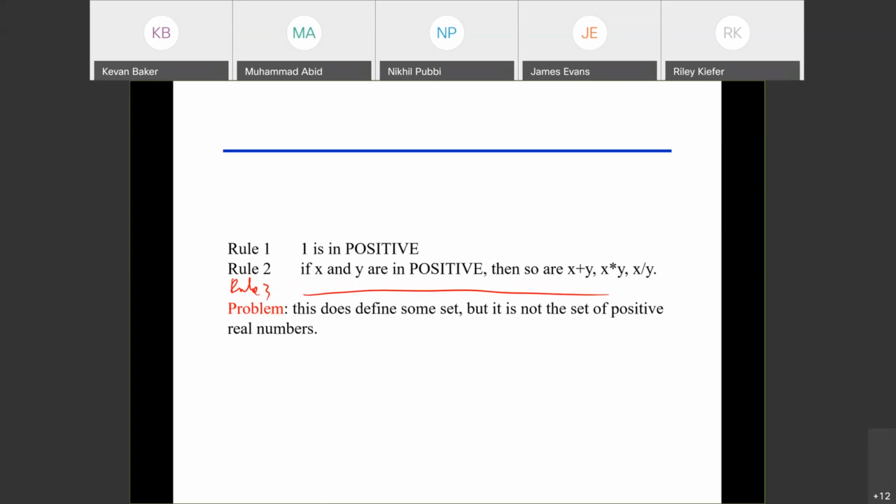We generate rule two, which works on the base case, and you can generate some more words. But it does not cover all positive real numbers. So by using this recursive definition, you can generate some numbers of the positive set, but you are not able to generate all possible numbers of the positive set.